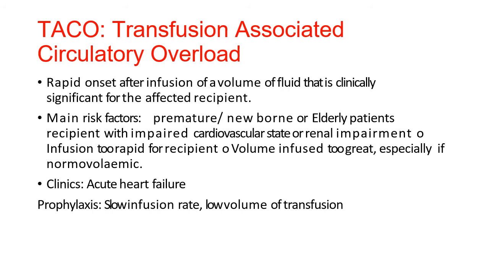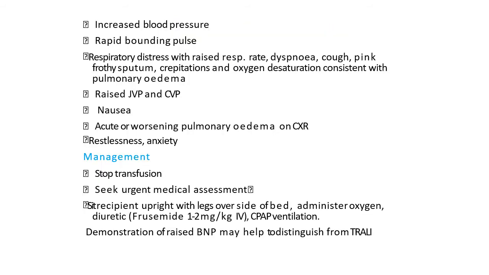One important factor is also if the infusion is too rapid. Fast infusion or high volume infusion can lead to TACO. Clinically, significant symptoms will be like acute heart failure, and it can be prevented by slow infusion rate and volume of transfusion according to the need.